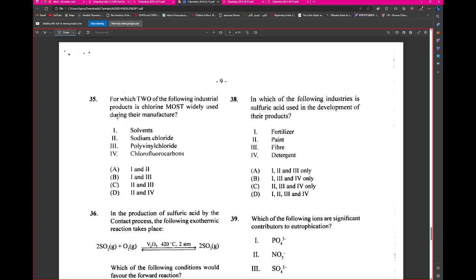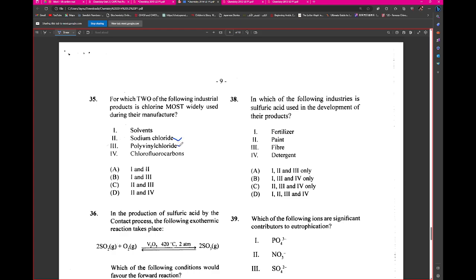This is 35. For which two of the following industrial products is chlorine most widely used during their manufacture? So we're looking at products of the brine industry or the chloralkali industry. B. D. So we're saying 2 and 4.